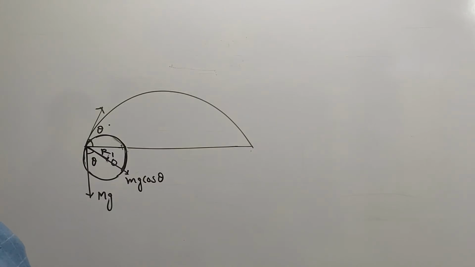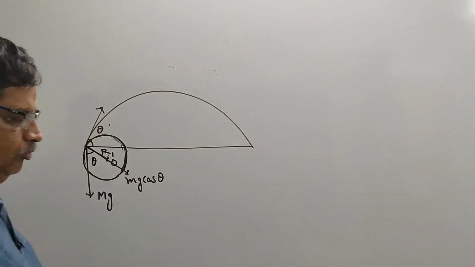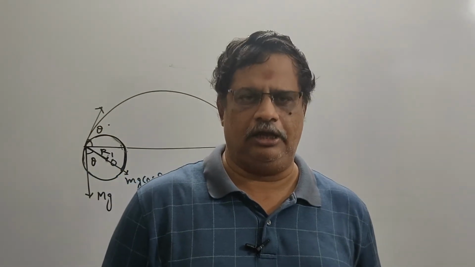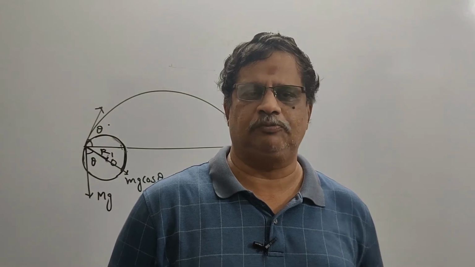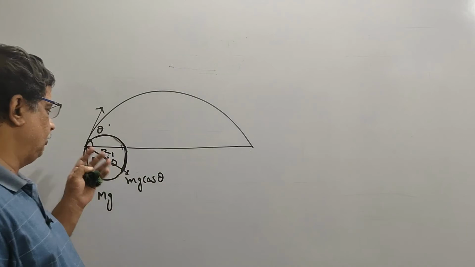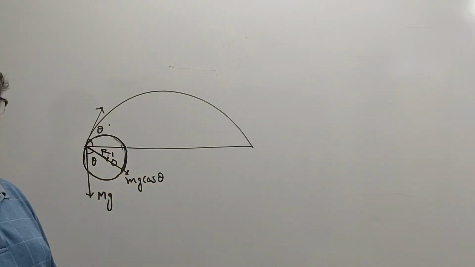So we know that since this is part of a circle, every body moving in a circular trajectory must need a centripetal force, and in different cases different agencies provide the centripetal force. Here the centripetal force is going to be provided by the component of the weight which is directed towards the center of the circle, mg cos theta.